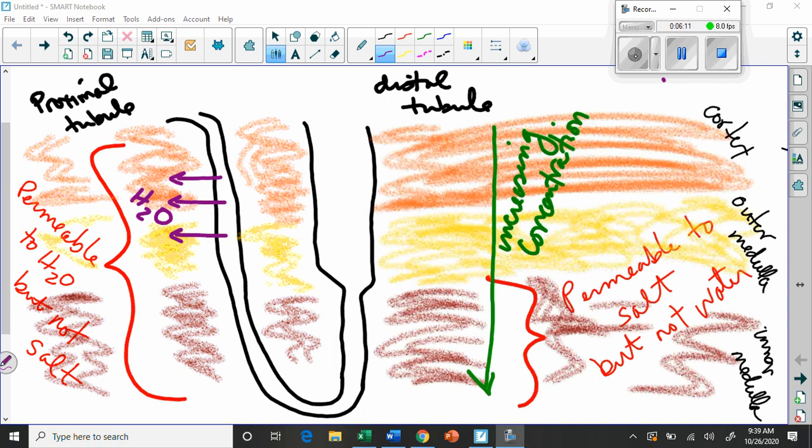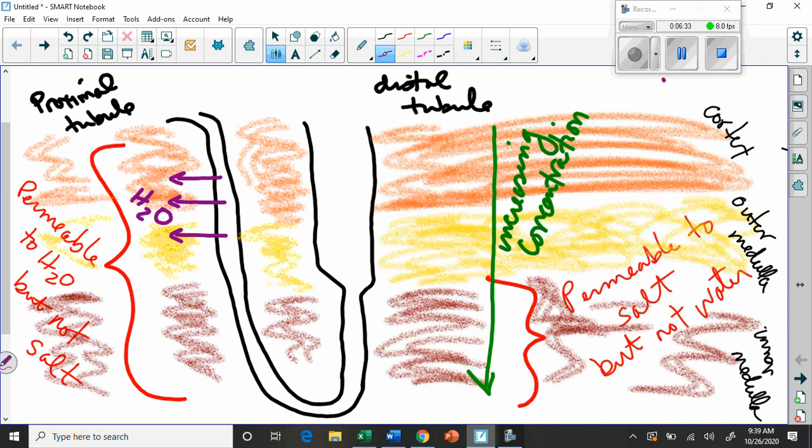Okay. Now, as the filtrate is moving down the loop of Henle, down the descending loop, this side, the water's coming out, it's getting more concentrated. But as it moves down, the tissues are also getting more concentrated, right? The lower tissues, the outer and the inner medulla, are much more concentrated.